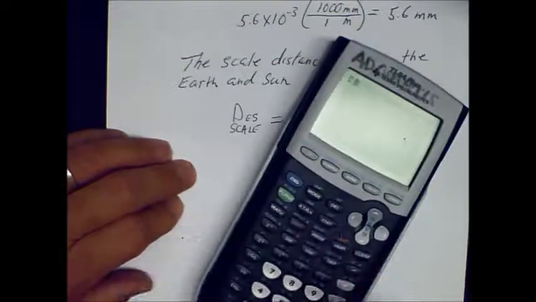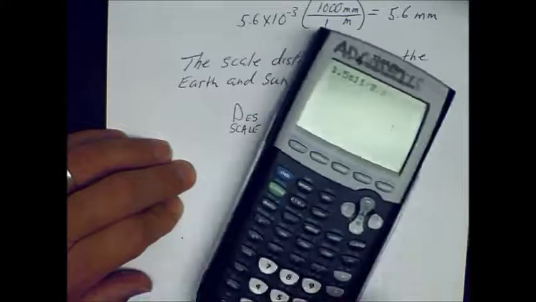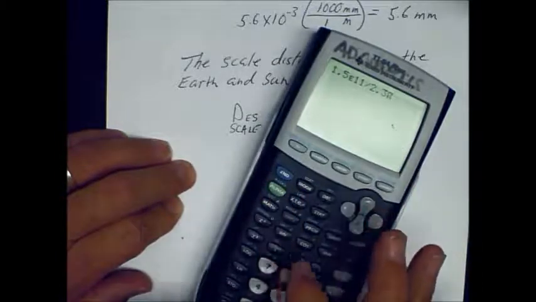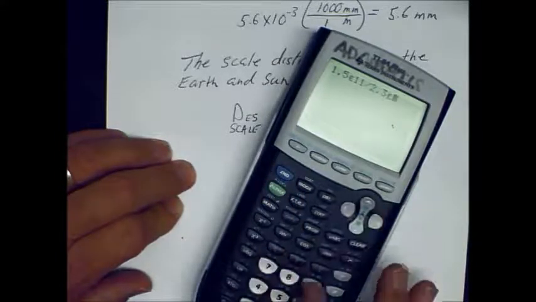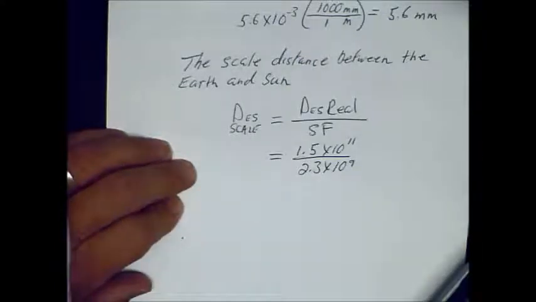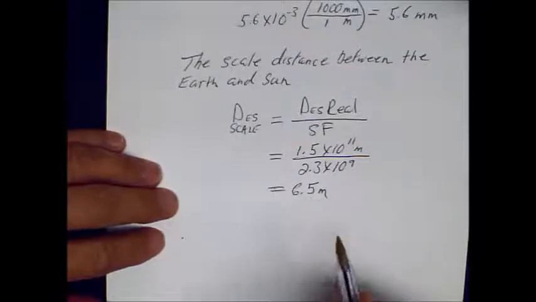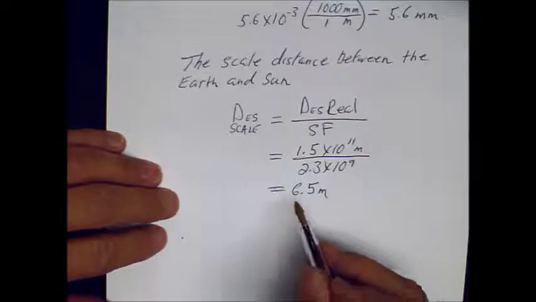That is 1.5 e to the 11 divided by scale factor 2.3 e to the 9. That turned out to be 6.5 meters.